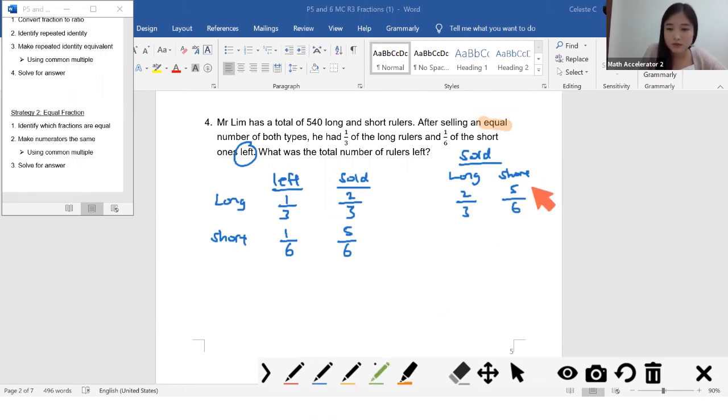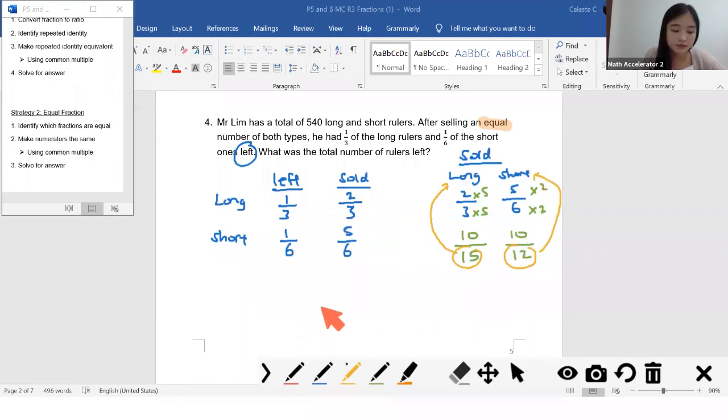Alright, so make your numerators the same. Times 5 and times 2. So you'll get your 10 over 15. Okay, 5 times 2, 10. 6 times 2, 12. Alright, so 15 belongs to the long rulers and 12 belongs to the short rulers.